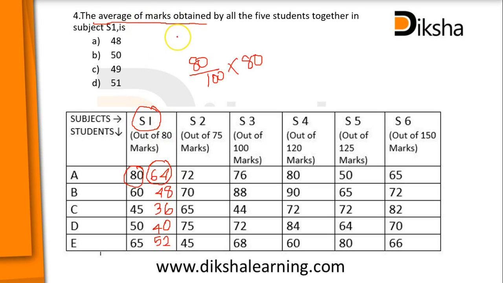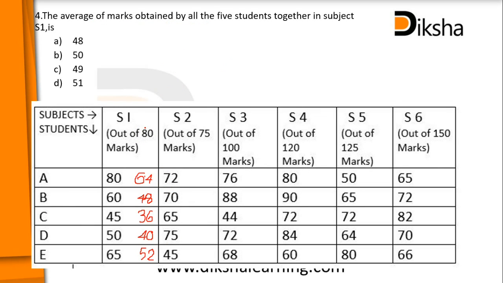The question is average of marks. So next we want to add all these marks, that is 64 plus 48 plus 36 plus 40 plus 52. You get it as 240. 240 is the total mark of S1 subject of all students.